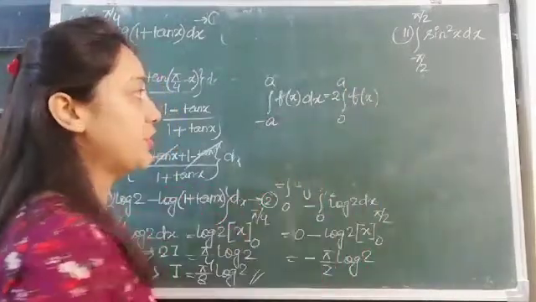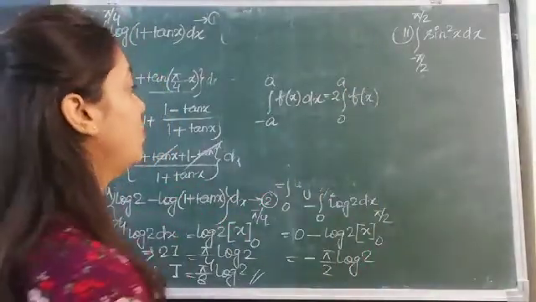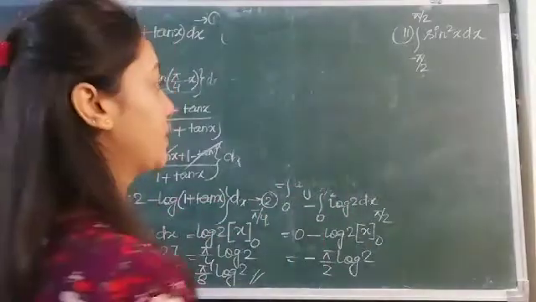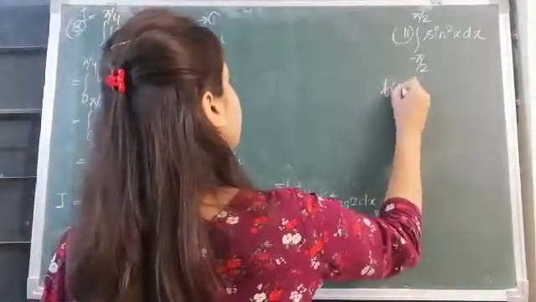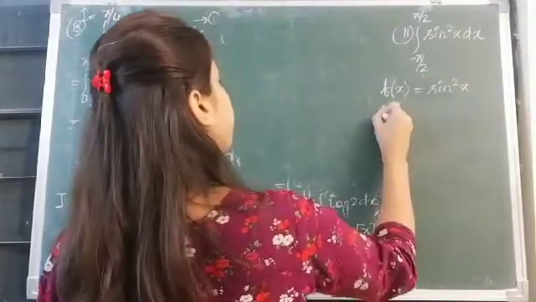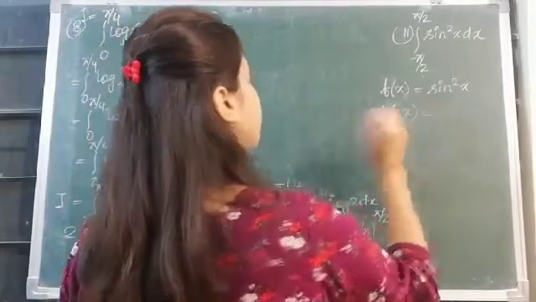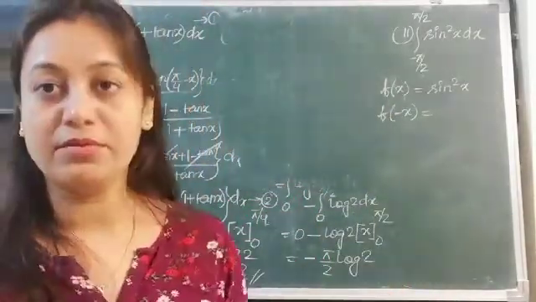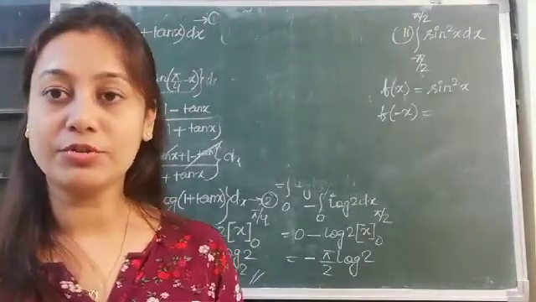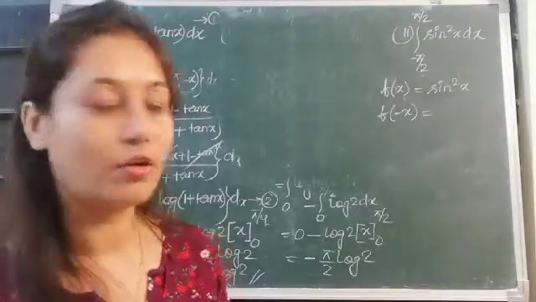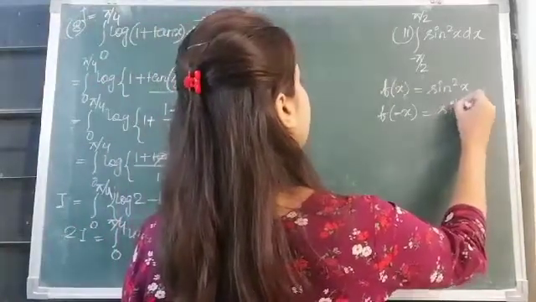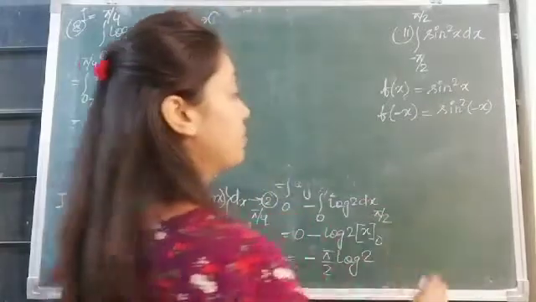So our first step is to check whether the function is even or odd. Okay, so here the function is what? f of x is equal to sine square x. So we'll find f of minus x. If we get it to be equal to f of x, then the function will be even. If we get f of minus x to be equal to minus f of x, then the function will be odd. So f of minus x will be equal to sine square of minus x, that is sine of minus x whole square, right?